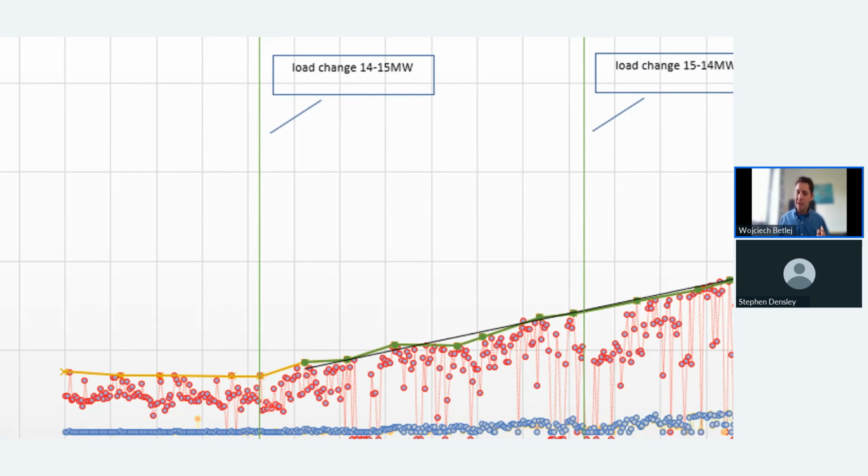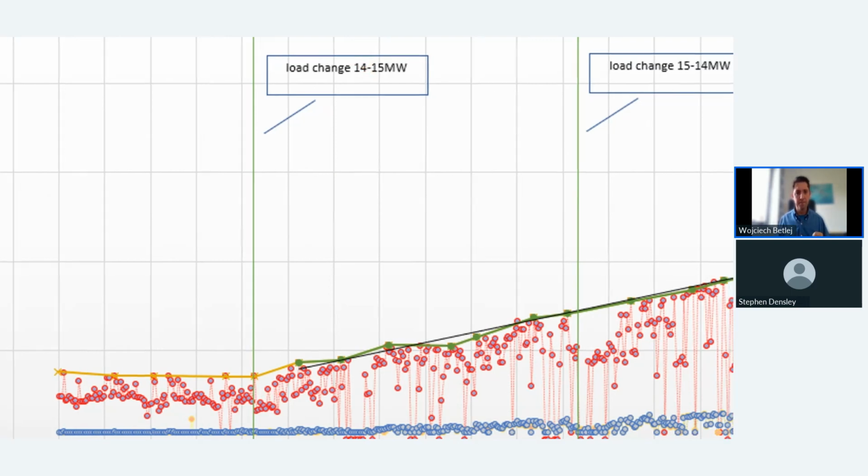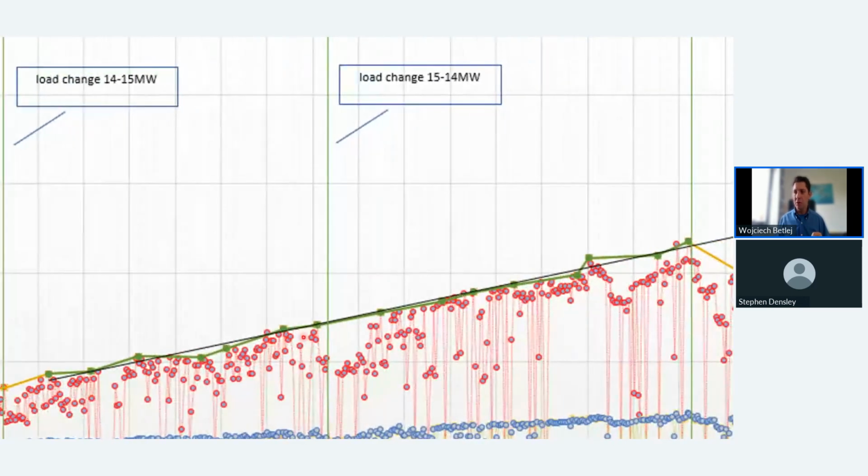You can see a slight change in PD value when the load changed from 14 to 15 megawatts. Then you can also see a difference in PD value, that dip, when the load changed from 15 to 14. But then clearly it came back again, and the value of PD kept increasing over time.